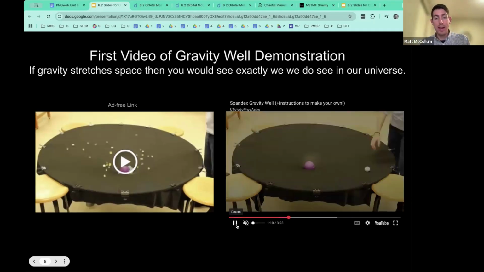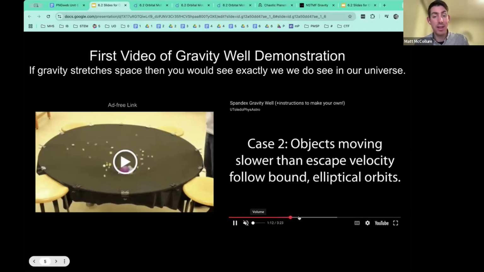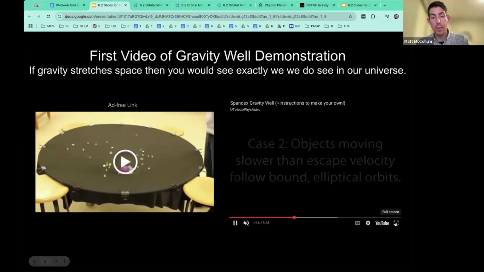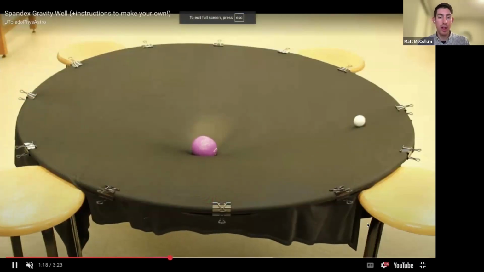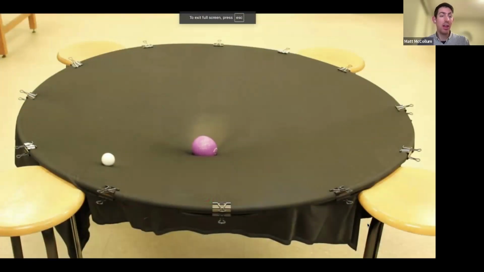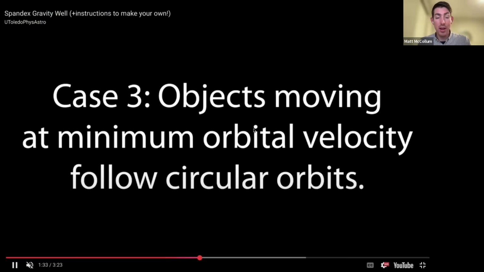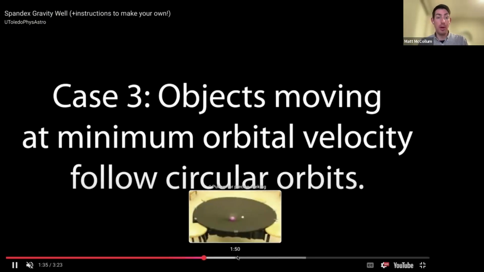And the big idea is that if you put a mass in the middle, maybe the mass is acting like the planet or the sun, you can see that an object will orbit around. And so this is doing a good job of showing that orbital well and showing that orbital motion.